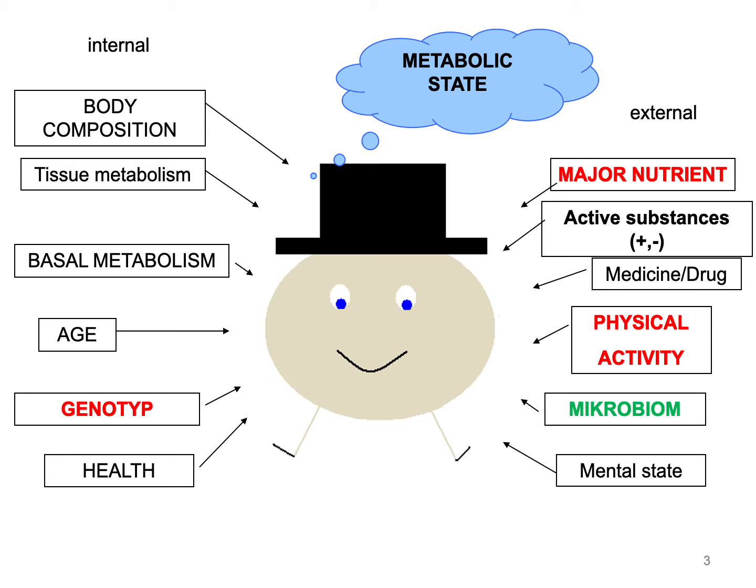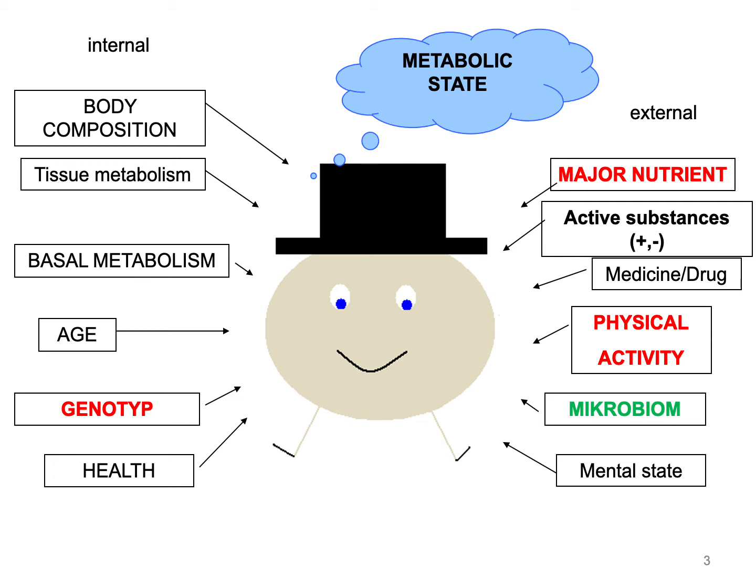and the external factors may exert their influence through the major nutrients like the fat, carbohydrate, and protein from the diet, the active substances of the diet, like the minerals, the vitamins, the vitamin-like substances, etc. Similarly, the medicines or drugs may influence the metabolic state.